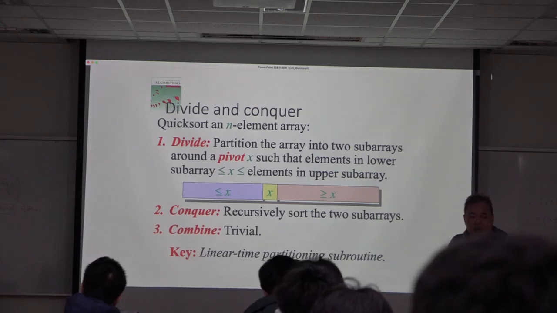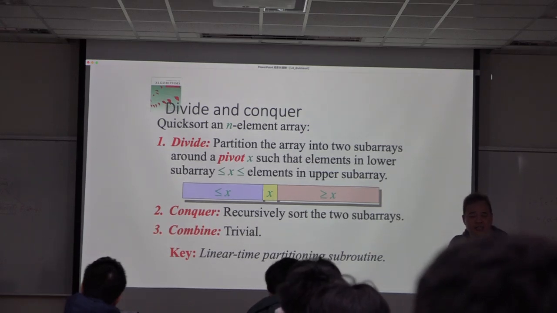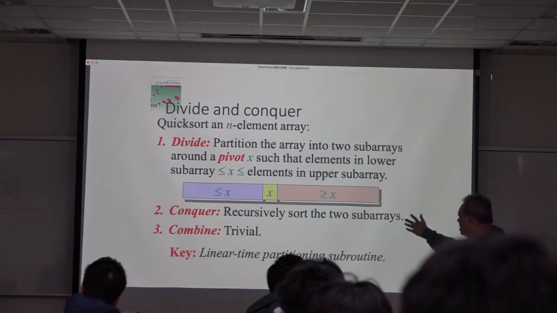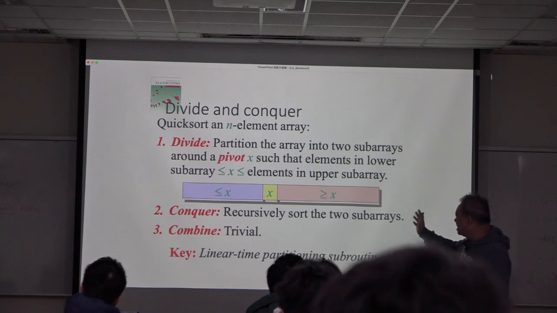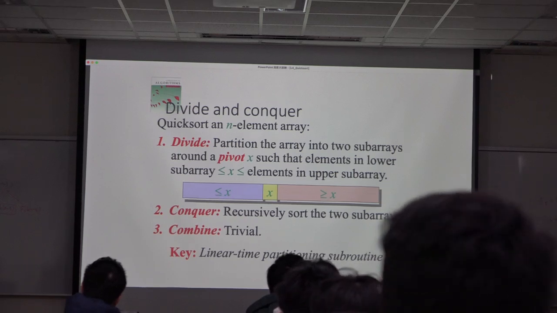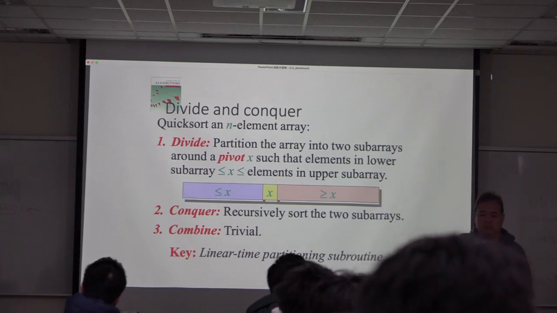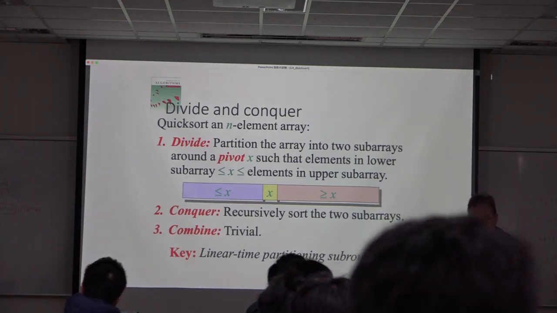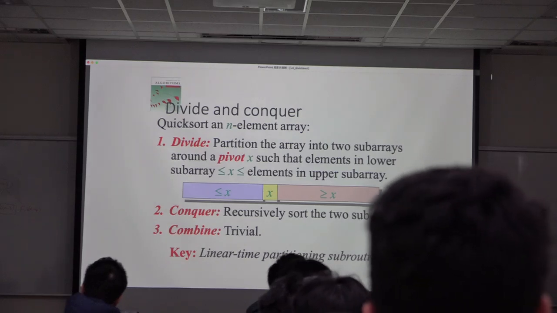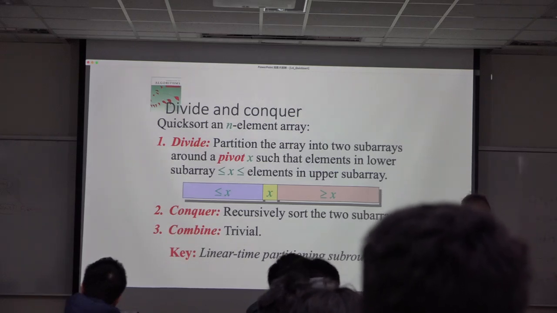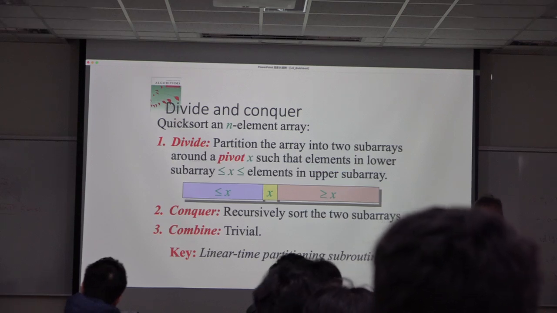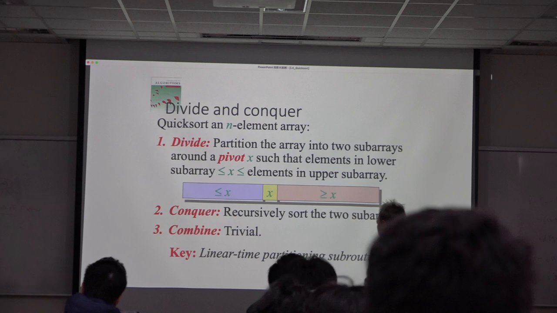We don't need to move x around anymore because, if all the elements on the left-hand side are smaller or equal to x, and all the elements on the right-hand side are greater or equal to x, obviously x is at its rightful place, right? 它就是已经被排在对的地方了，对不对？Okay.